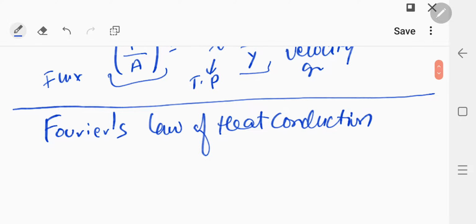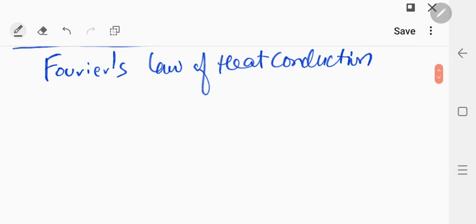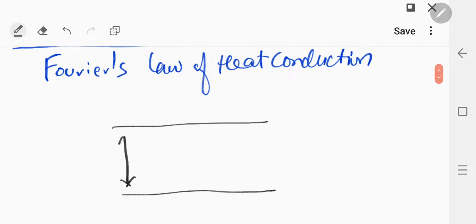Now for this, let's consider two slabs, two parallel plates which are having a distance y apart.